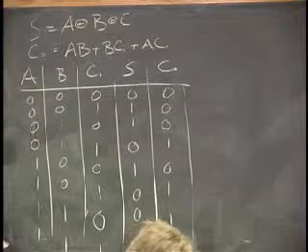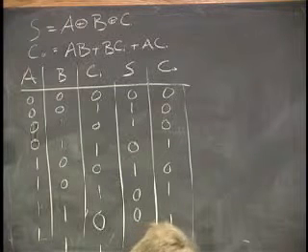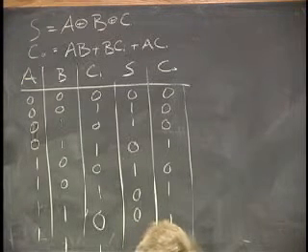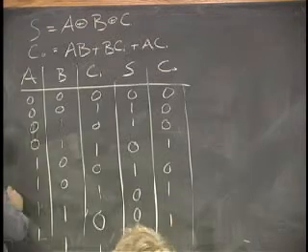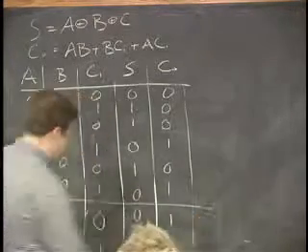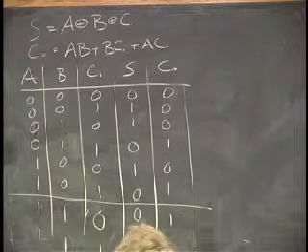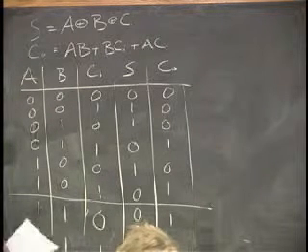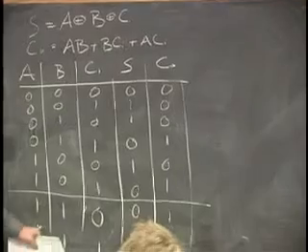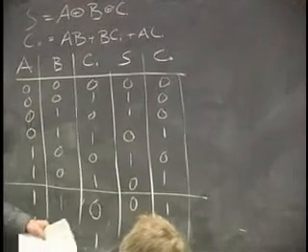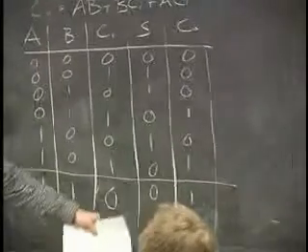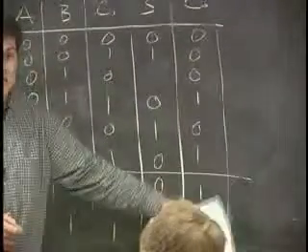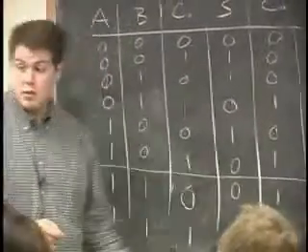So we kind of break these up into a couple different categories. So let's look from here down. We notice that if A and B are both 1, regardless of what Ci is, that CO is 1.